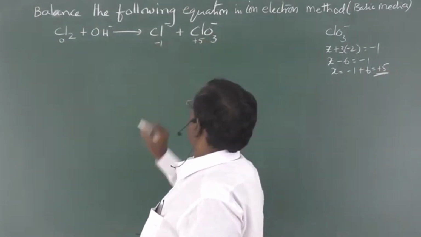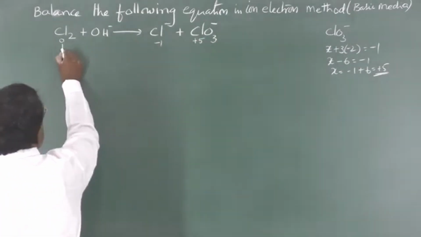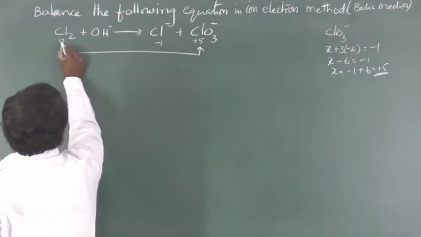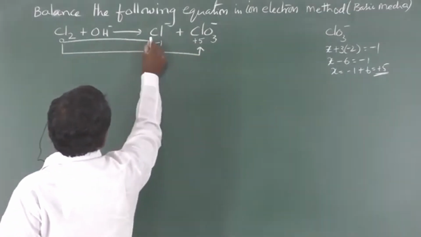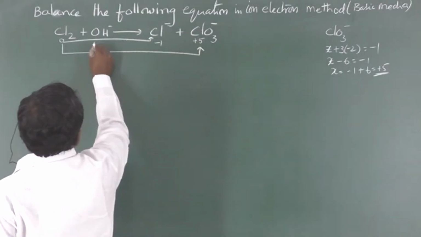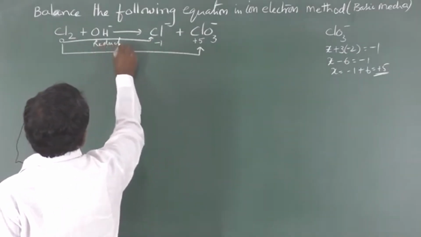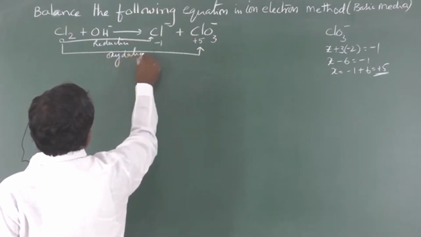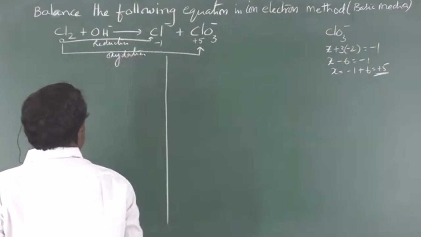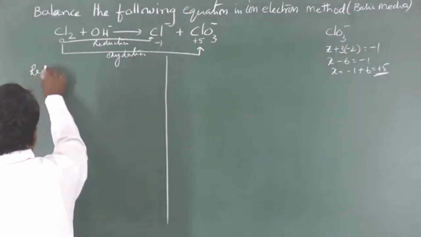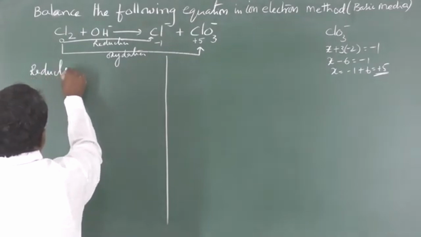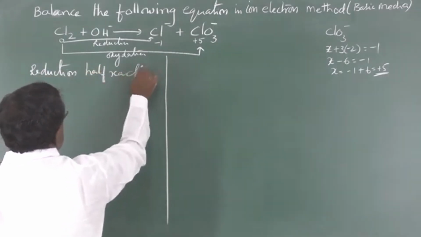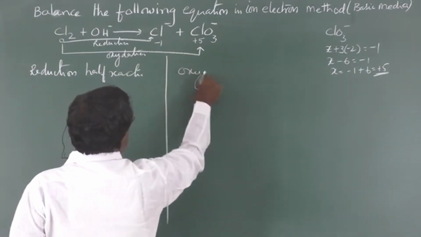Here it is -1. So chlorine is oxidized as chlorate and the same chlorine was reduced as chloride. This is reduction and this is oxidation. So reduction half reaction, oxidation half reaction.